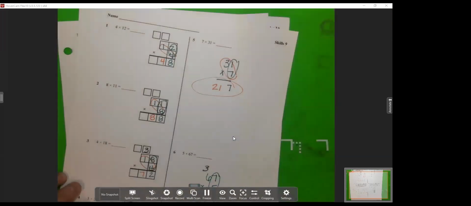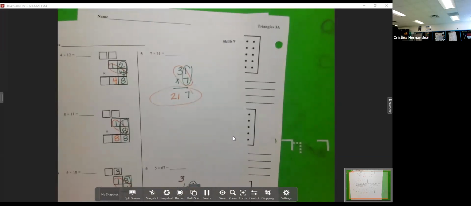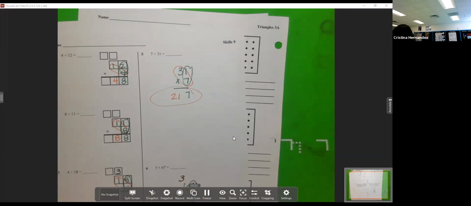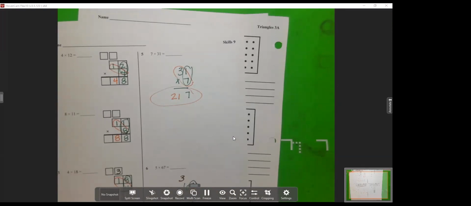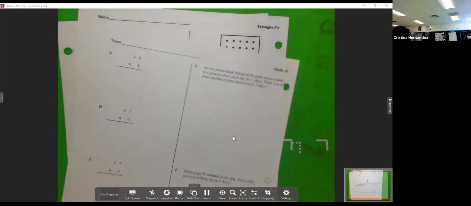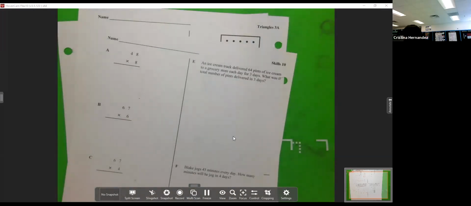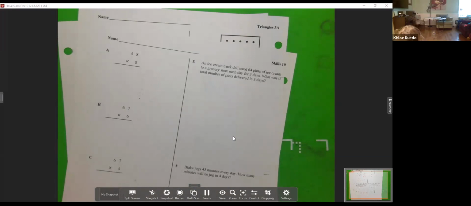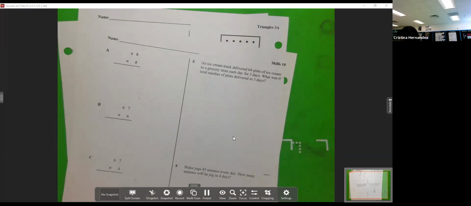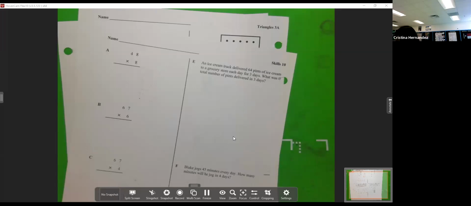Smell like cookies. Skills, what color? Green? Skittles? Green. Skills 10.